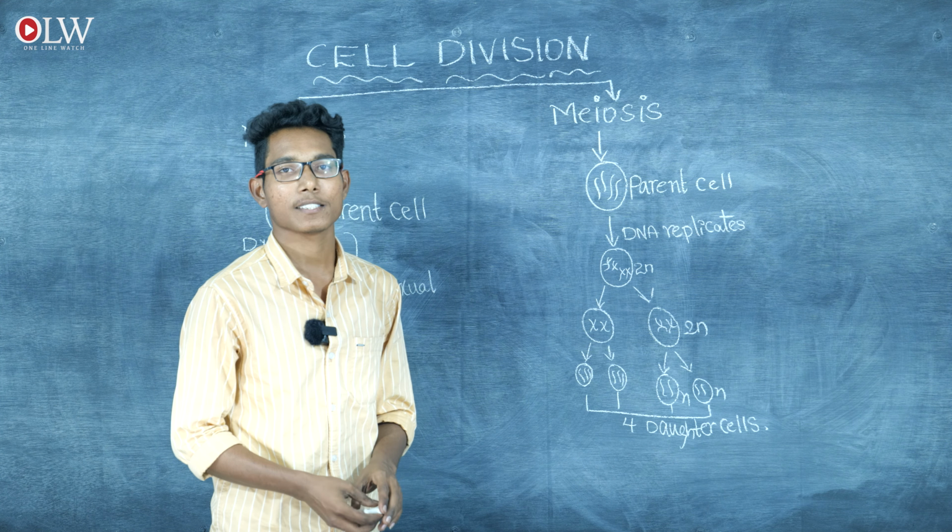The chromatids and centromeres start dividing to form new cells, and each cell divides into two, together called the four daughter cells. This is the overall process of mitosis and meiosis.